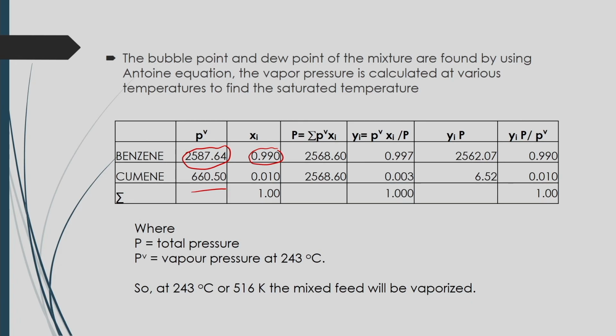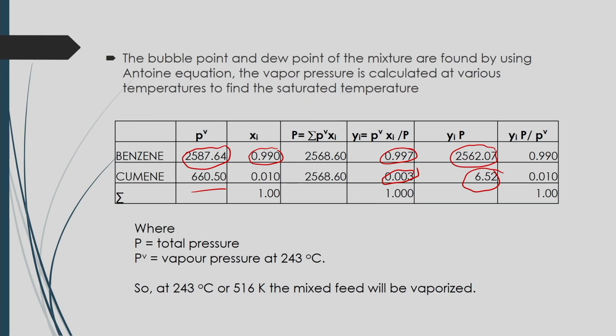And then the partial pressure of benzene can be calculated based on this, along with the total pressure and the mole fraction of benzene accordingly. The partial pressure for benzene is 2560.6007, and the partial pressure of cumene will be 6.52.